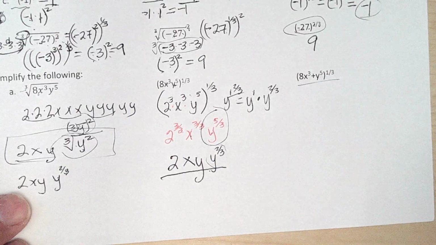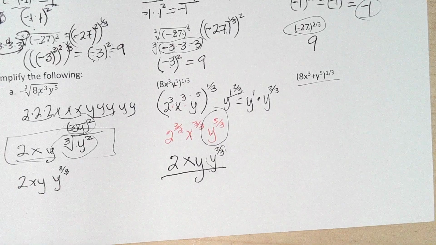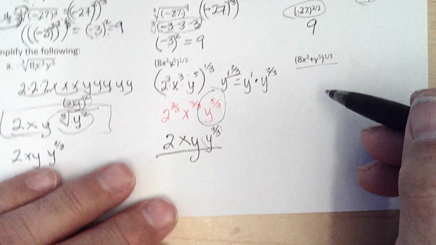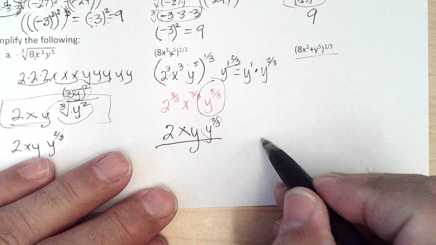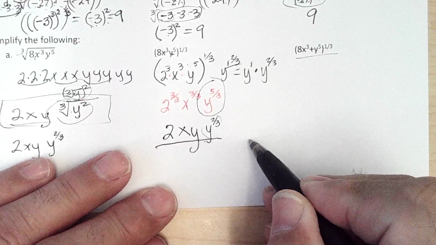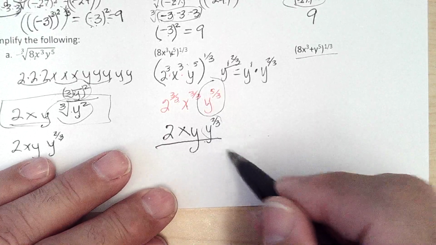This one, when there's an addition, I'm going to take a little time and explain why you cannot distribute the 1/3 to these. A real common mistake for math students when they're learning mathematics, doing the Pythagorean theorem, and you get a squared plus b squared equals c squared, and then you take the square root.